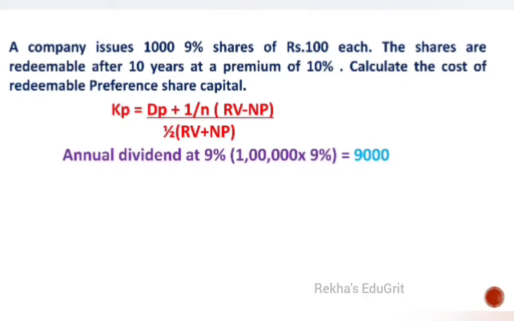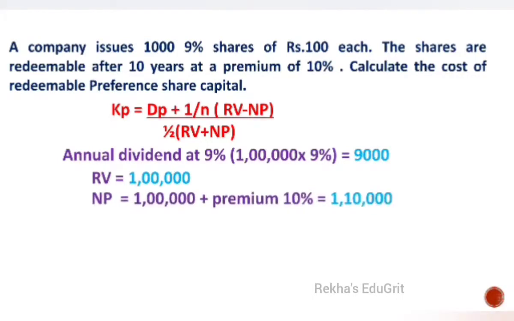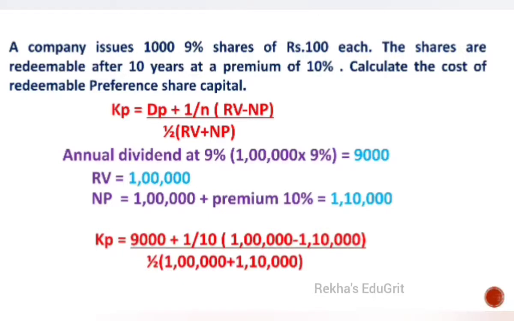Next we have to calculate redemption value. So here we know that the redemption value is 1 lakh, isn't it? Next one is net proceeds. Net proceeds amount is 1 lakh plus premium 10%, we get 1,10,000. Now we have found dividend, redemption value and net proceeds. Now we can apply this in the formula.